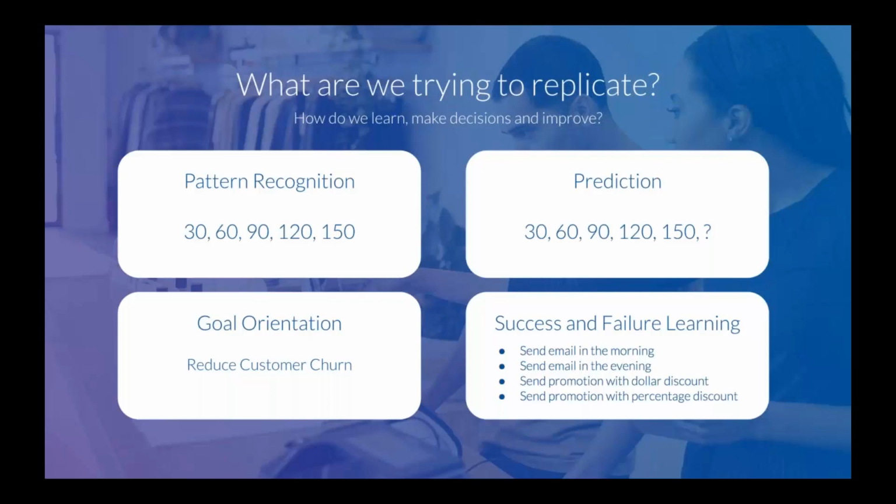Through success and failure, the machine will learn not only the best time to communicate with the shopper, but also the best incentive to provide and even the best method of delivery, whether it be SMS, emails, push notifications, anything like that. These are the main ingredients to understanding how intelligent machines can then be created.